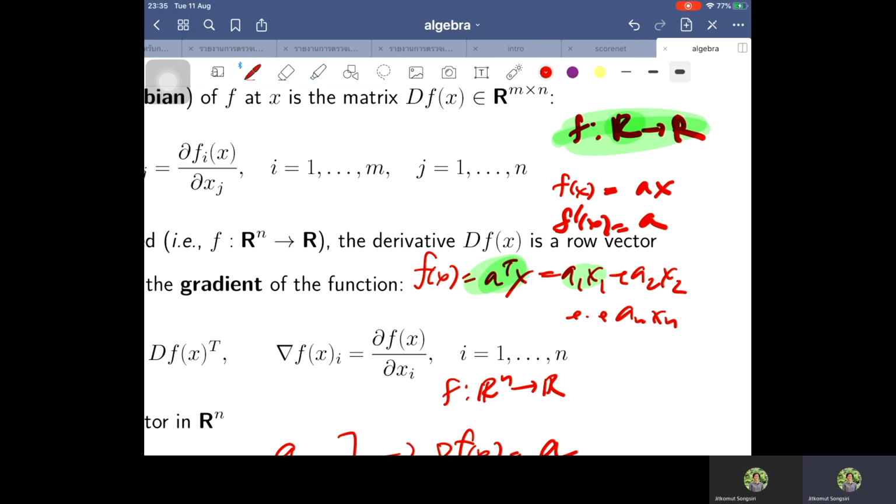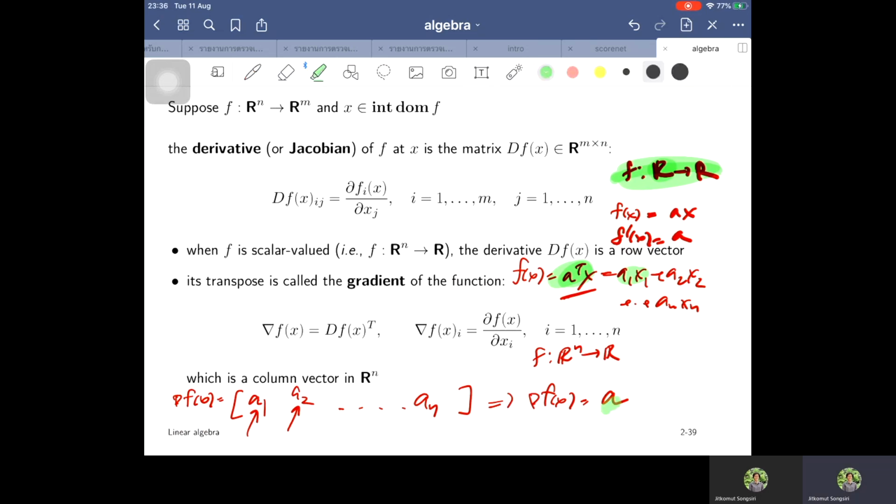So f is extended to A transpose x, and then the gradient is simply A. A very intuitive generalization from a function of one variable to a function of n variables.